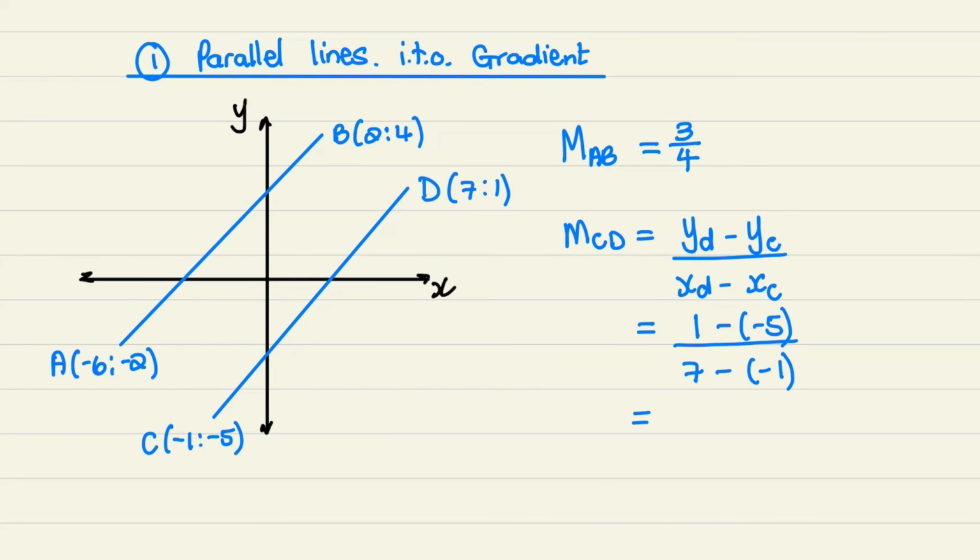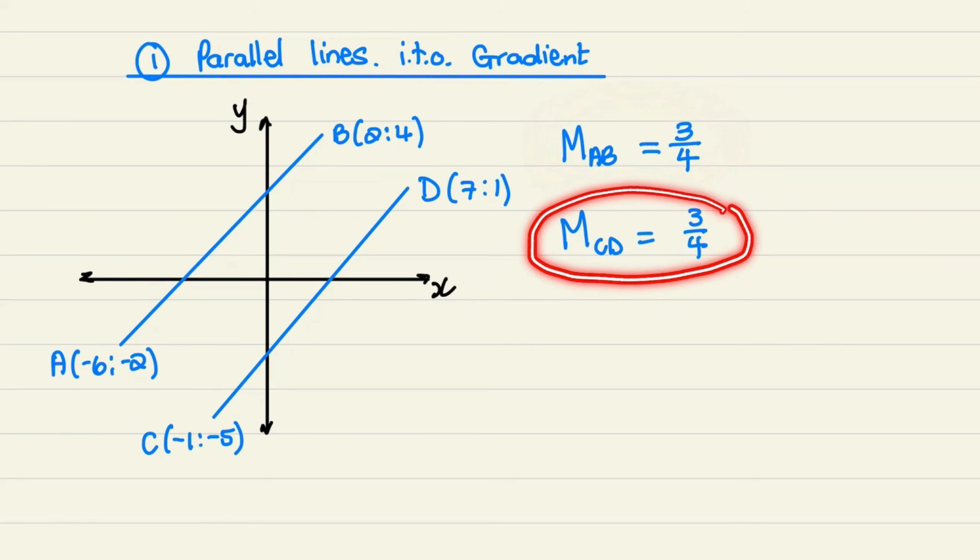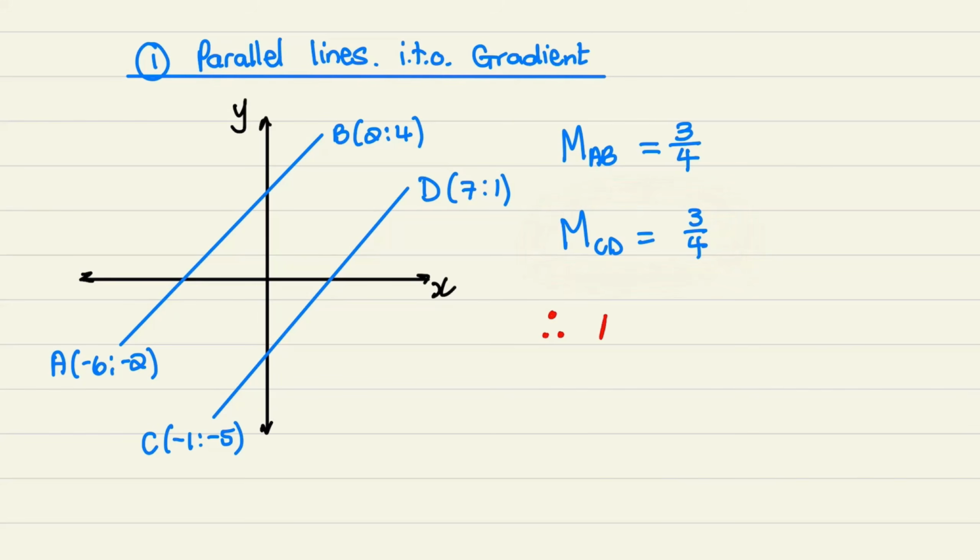When I simplify, I have 6 over 8, and that is equal to 3 over 4. So now we have calculated that the gradient of AB is 3 over 4, and that is exactly the same as the gradient of line CD. So we can conclude that line AB is parallel to line CD.